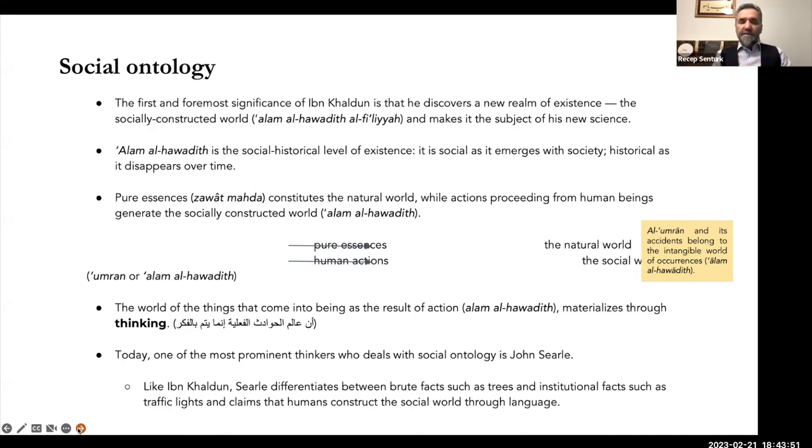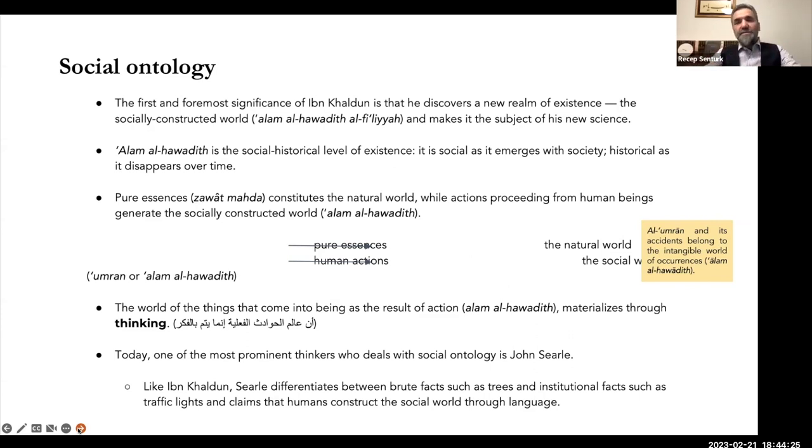The world of things that come into being as the result of action, alam al-hawadith, materializes through thinking. So what brings about the constructed society, or the outcome of human actions, is human thinking.